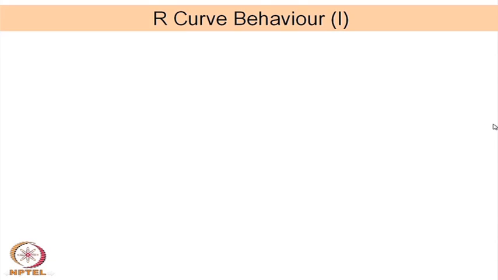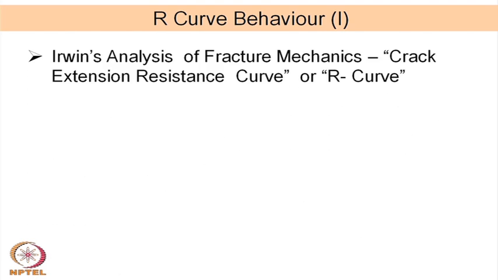Today, we look at some of the implications of this transformation toughening, or the toughening in general, and for that we will discuss what we call the R-curve behavior of ceramic materials in particular. It comes from Irwin's analysis of fracture mechanics, where he has postulated the crack extension resistance curve.